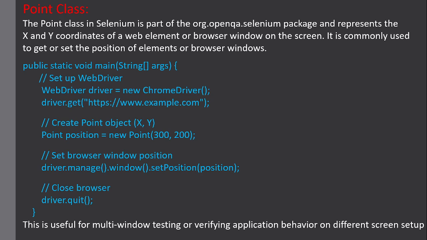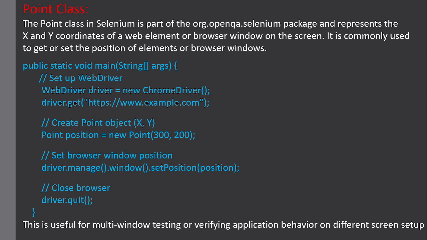First, we need to set up the WebDriver. Then we need to hit the URL. After that, create a Point object with XY. For that, Point position is equal to new Point. Inside the parentheses, we need to pass the XY coordinates. Then set the browser window position as driver.manage.window.setPosition, and we pass the position variable here.